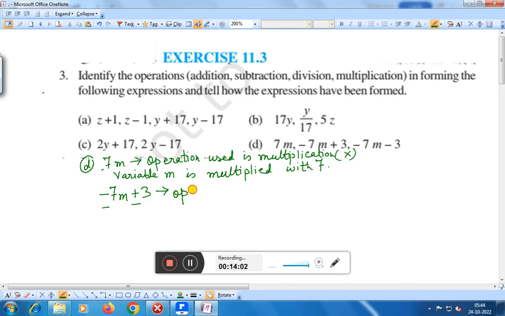Therefore operation used is addition and subtraction both, right? And how has the expression been formed?